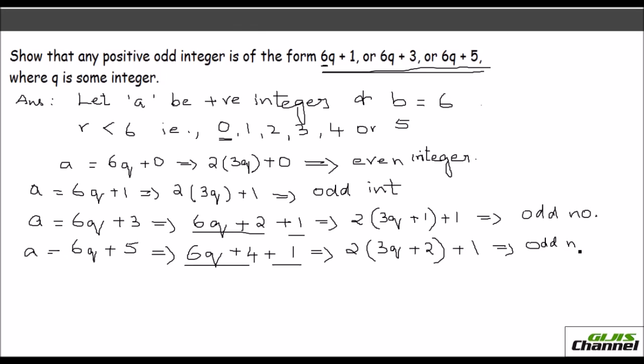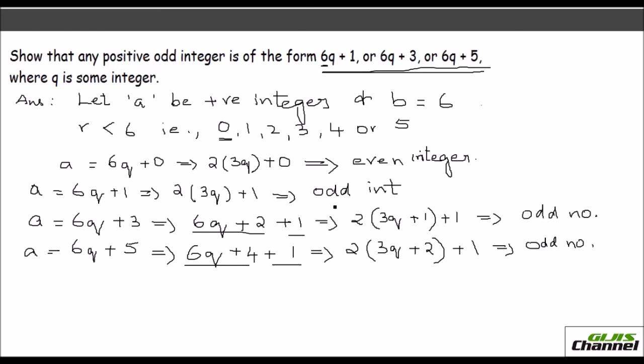Okay, odd number. So now you see that whether you take 6q plus 1 or 6q plus 3 or 6q plus 5, they are not exactly divisible by 2 because you are adding 1 every time, right? So it becomes an odd number. Okay. So these expressions of numbers are odd.